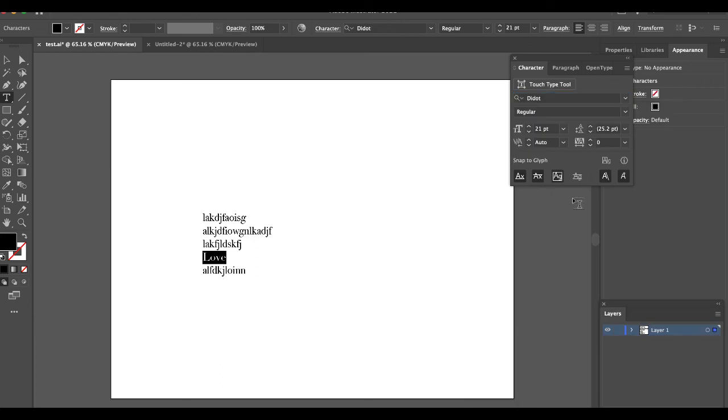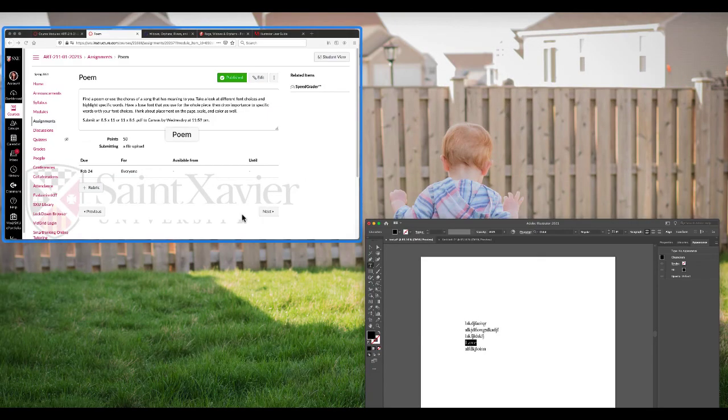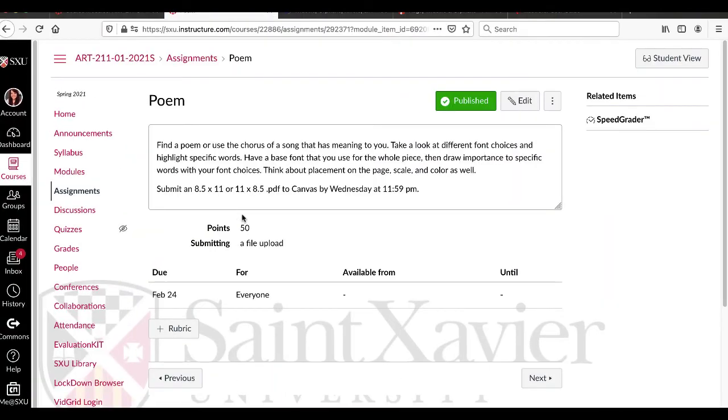Maybe love is all in caps, but find certain words that you think sum up the poem or the song to bring more attention to those specific words. Still paying attention again to hyphens, orphans, widows, all of that. Okay, so you will only really use typography for this, and then figure out how you want it displayed on the page. That one is due Wednesday.